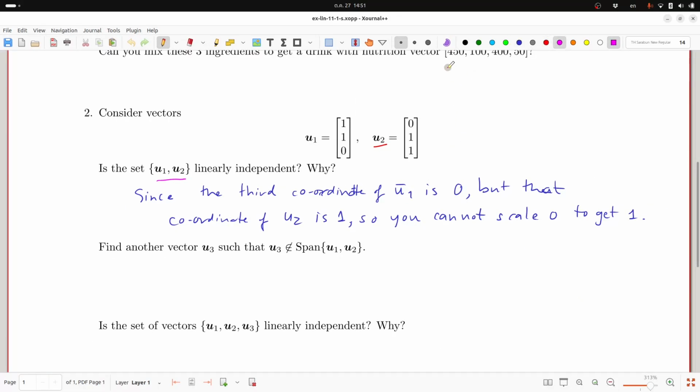If you want to use that definition, we can say this. Let me write here. Consider the equation alpha 1 U1 plus alpha 2 U2 equals 0.